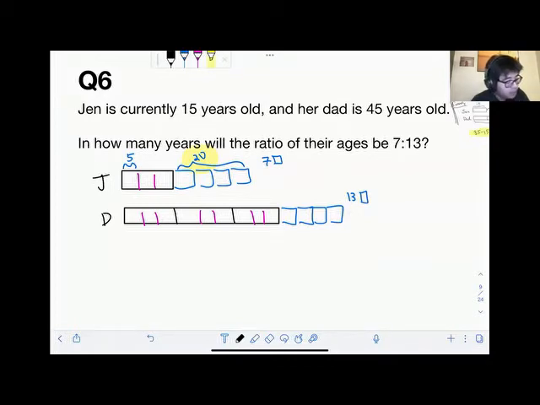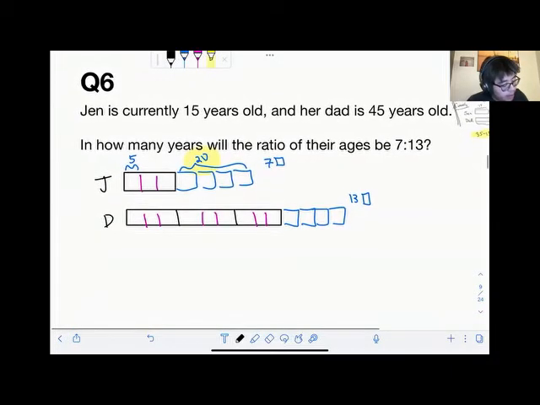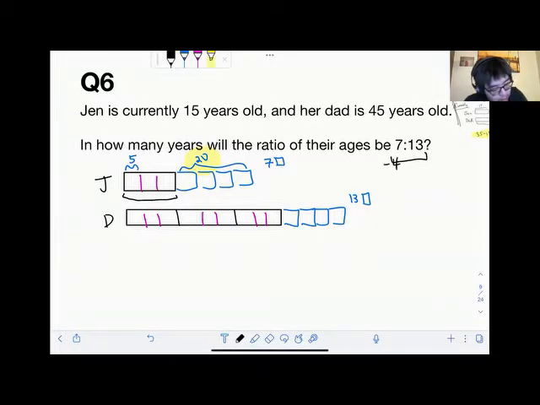Kasi sabi ni Sir, how did you know to divide yung box into 3? May goal na siya, at yung goal niya ay magdadagdag ng mga boxes para makaabot sa 7:13. So ibig sabihin, alam na ni Sir Darius na kung minus 4 tayo dito, 3:9 is in fact 1:3, which is also 15:45.